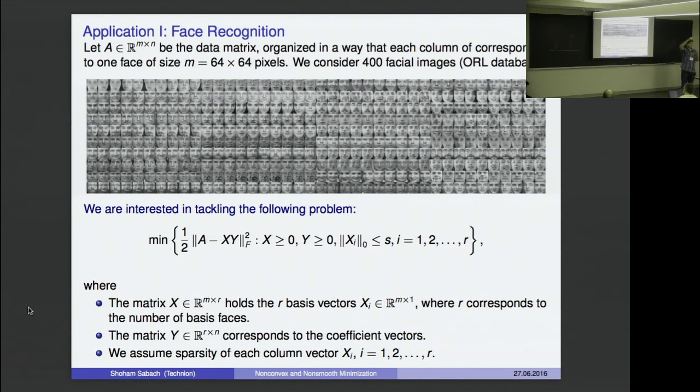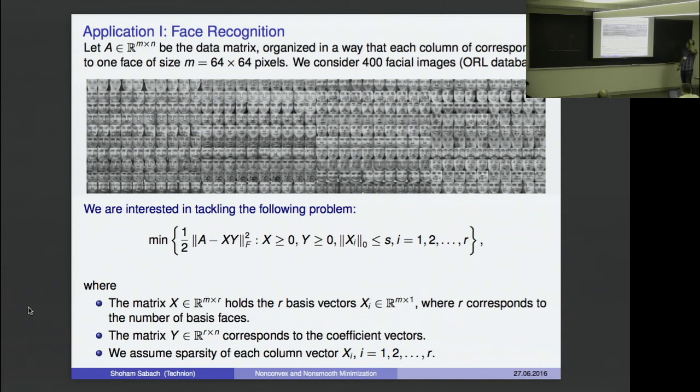So in the matrix X, what you see is R basis faces. And in the matrix Y, what you see is the basis components of each face. So each column in the matrix X is a basis face. Each column in the matrix Y is a coefficient vector.